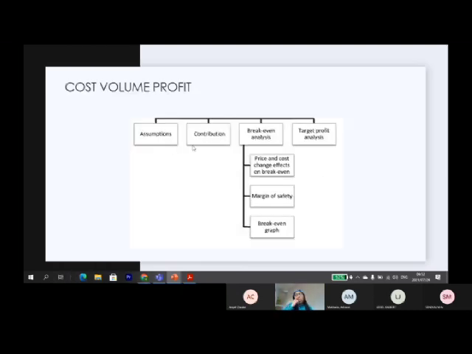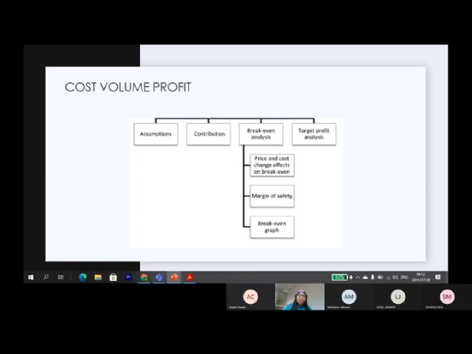All right. So before I go to CVP, we spoke about how a cost is being defined, what a cost object is, how you classify your cost, and how cost behaves. We also spoke about how this behavior of cost sometimes is not as direct as possible. So what are the tools that I can use to understand how this cost behaves?